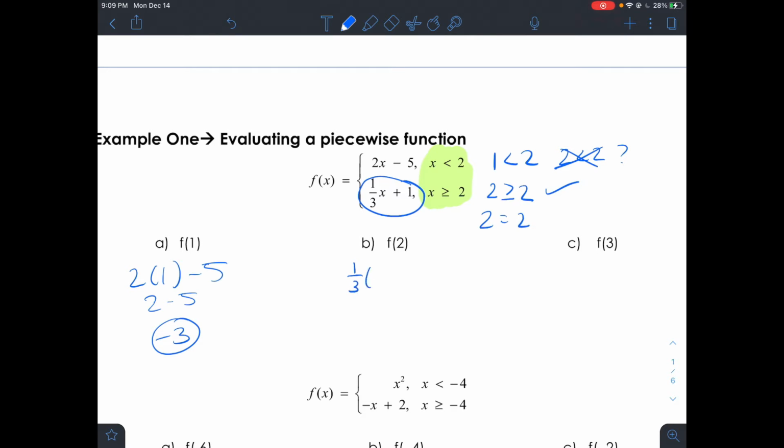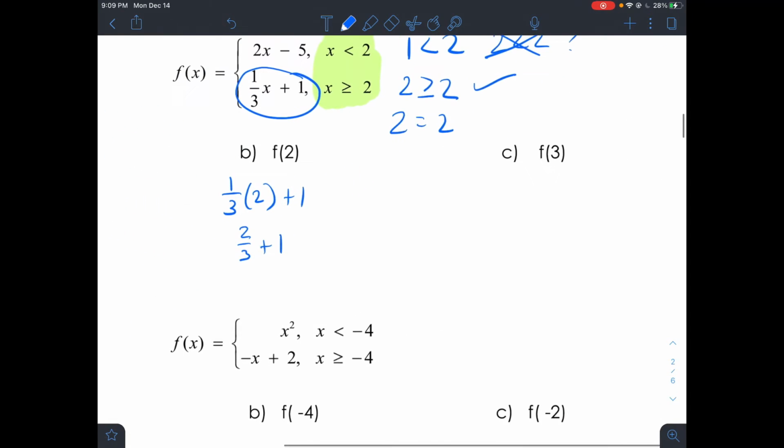So we do 1/3 times 2 plus 1. All right? We end up with 2/3 plus 1. And there are many different ways you could write this. I am going to write this as a mixed number. So when you go into your calculator and add 1 plus 2/3, you will end up with 5/3.